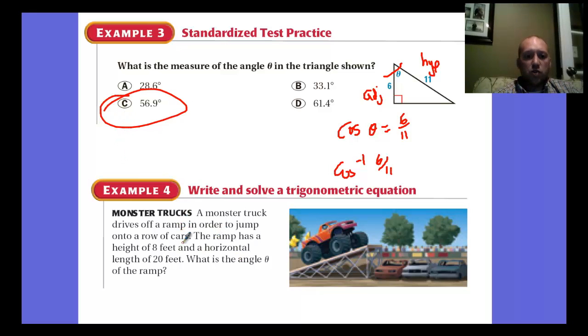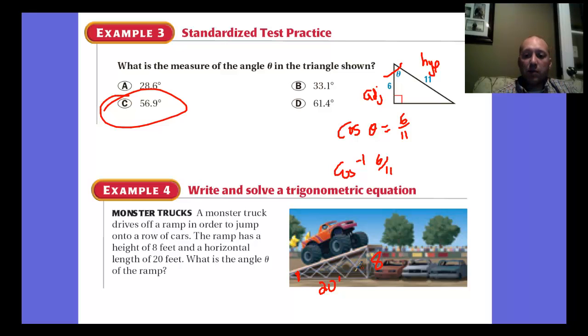And here a monster truck drives up a ramp in order to jump onto a row of cars. The ramp has a height of 8 feet and a horizontal length of 20 feet. So now here's a question. Horizontal, so it's going to be this distance, 20 feet. What is the angle of the ramp from the ground? And so again, this is our angle.